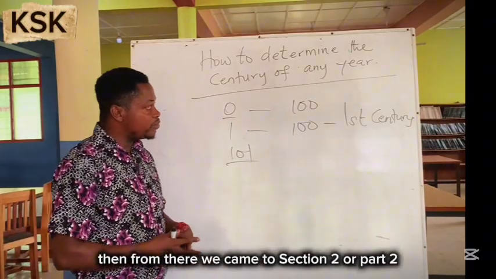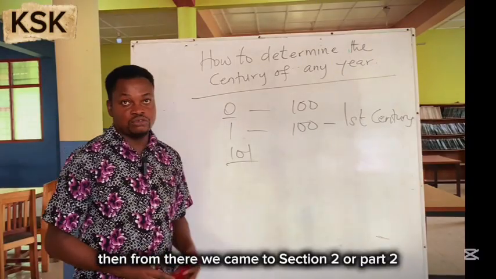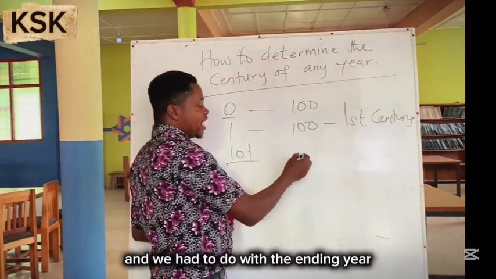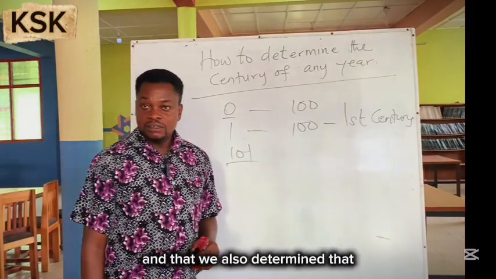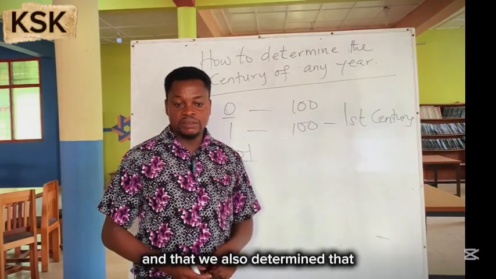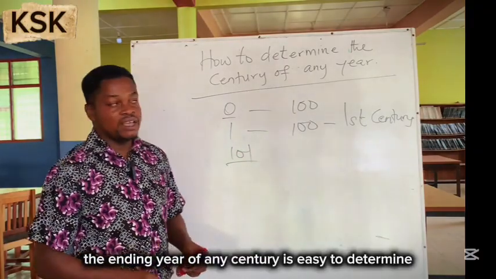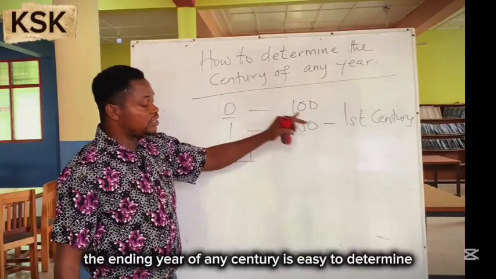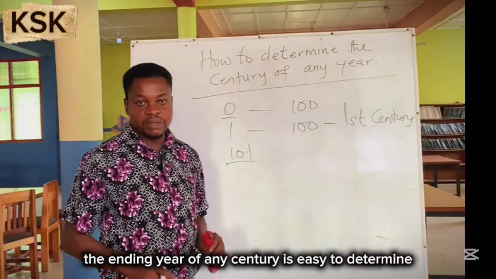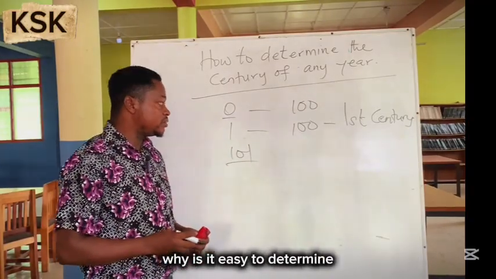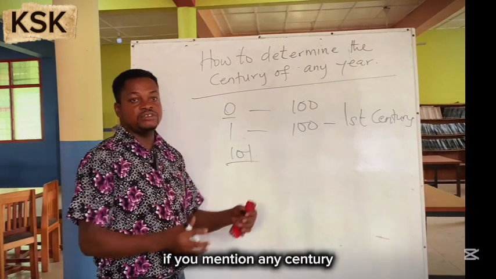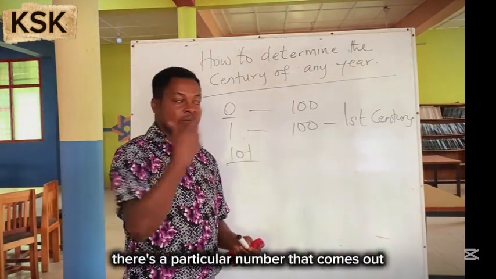Then in section 2, we dealt with the ending year, and we determined that the ending year of any century is easy to determine. Why? If you mention any century, a particular number comes out.